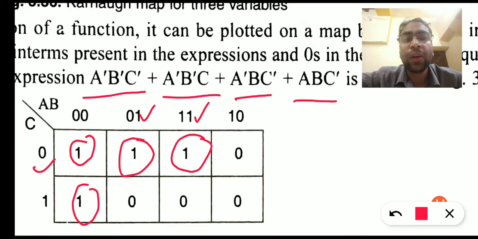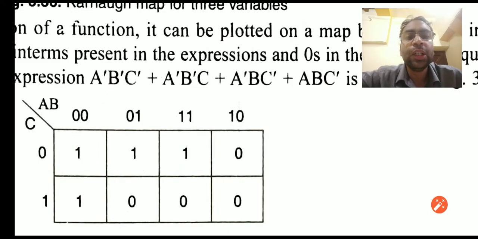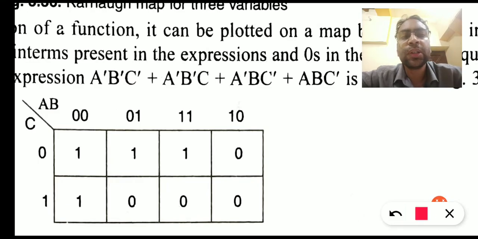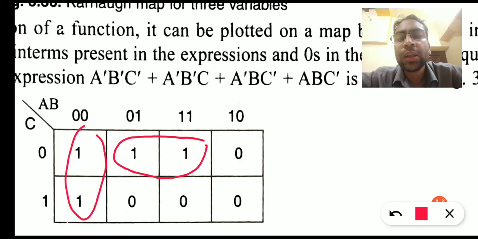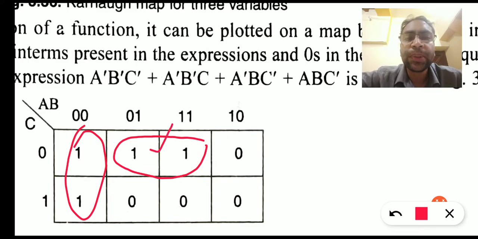Then comes the part of looping. We need to perform the looping and find the combinations. So if you can see, we have a 1 in this combination and a 1 in this combination. Looping can be performed this way. From this first loop, what will be the result? We'll have c bar from the row, and from the columns the common variable is picked up.